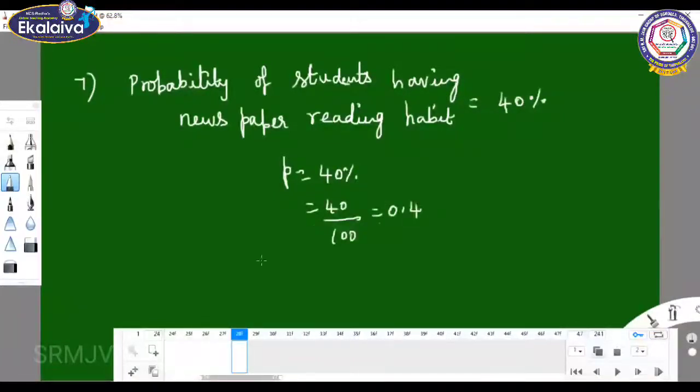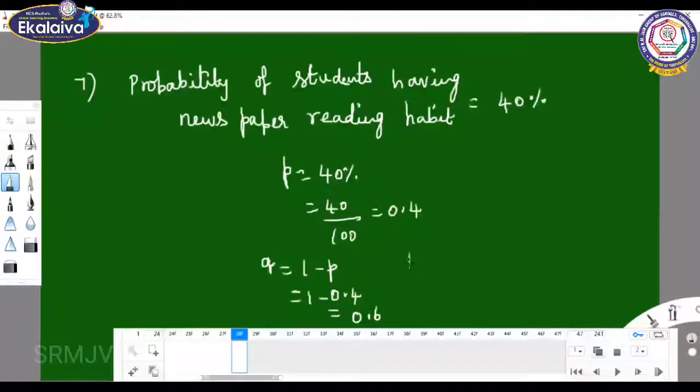What is the q value? Q equal to 1 minus p, which is 1 minus 0.4 equal to 0.6. 9 university students are selected at random for their views on reading habit.